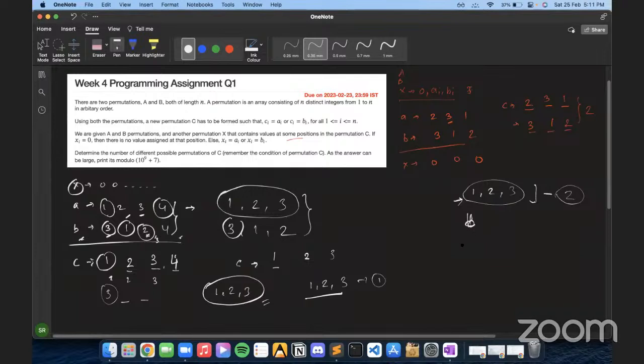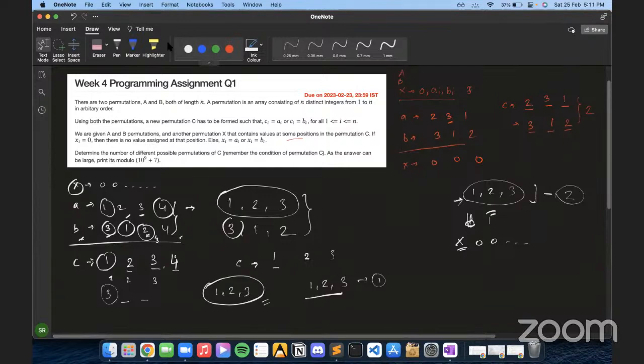So in this version, when X was only filled with zeros, we have to just count the number of groups of size bigger than 1.